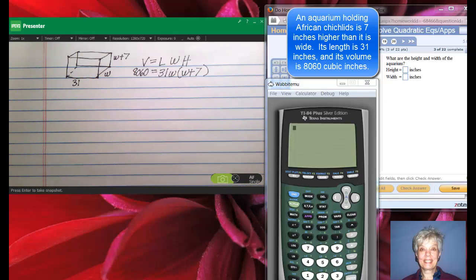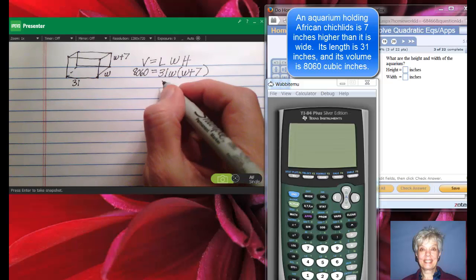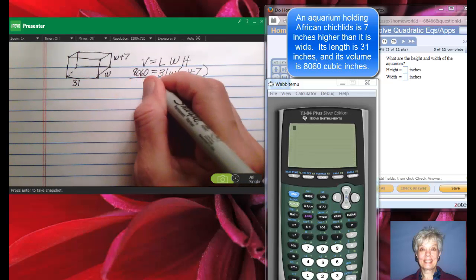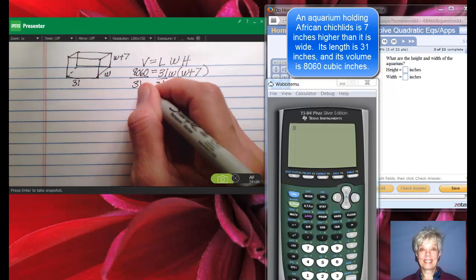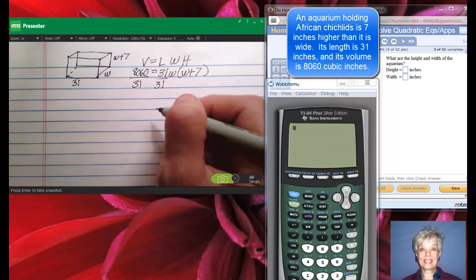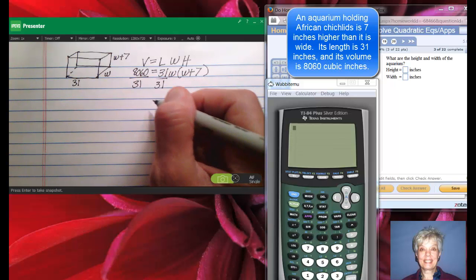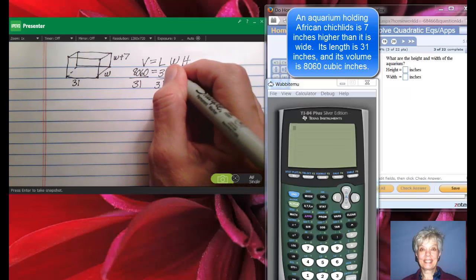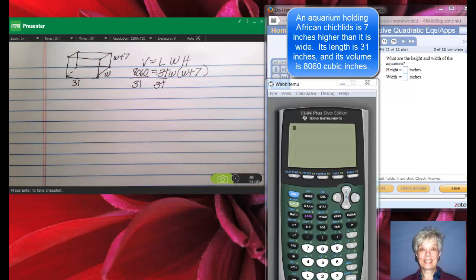And it just so happens that we're very lucky because 31 goes evenly into 8,060. So I'm going to divide both sides of this equation by 31 so that we can make the numbers a little bit smaller.